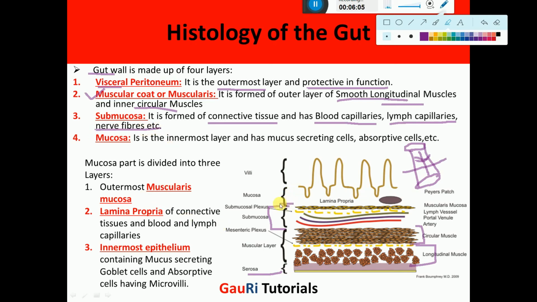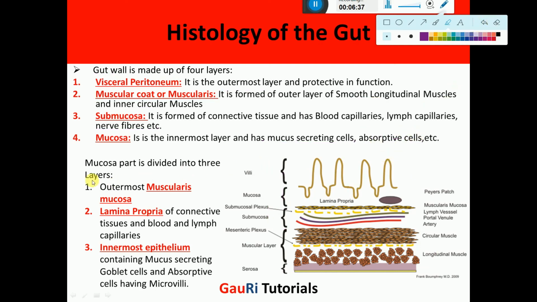This is the innermost layer, and it has mucus secreting cells. Mucus secreting cells keep this innermost layer slippery and smooth, and prevent any kind of wear and tear by the food items present inside the gut. There are also absorptive cells which help in the absorption of digestive products, especially in the small intestine.